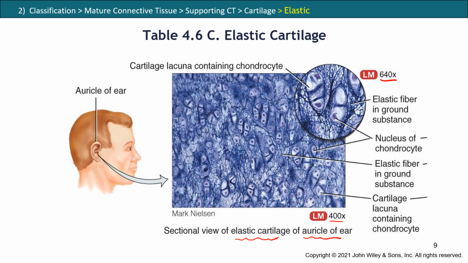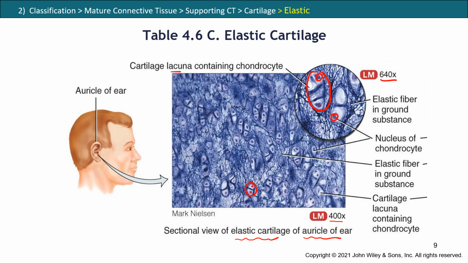Here you see the lacuna that is surrounding the chondrocytes. Here you see, of course, the nucleus here and here, and the same thing will happen in the light microscopy: chondrocytes, nucleus, and the lacuna surrounding them.